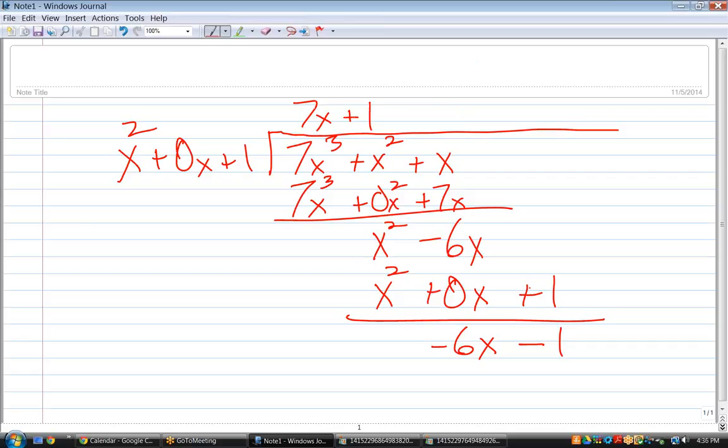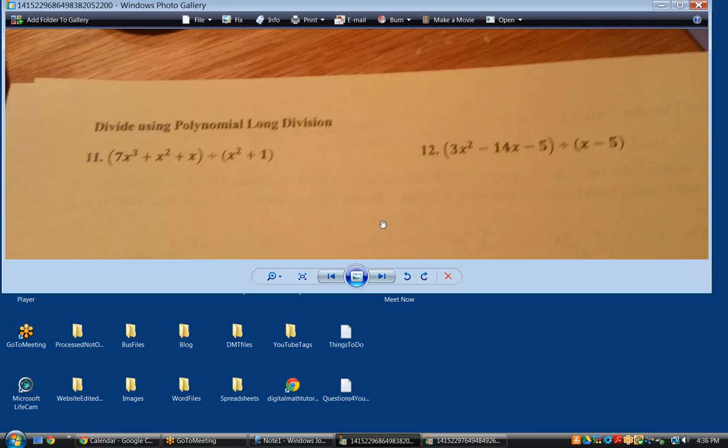Hold on a second. I don't like that for some reason. I can't imagine there is any other way to do this problem other than this. We could have factored out an x first. Would that have helped? Oh no. Divide using polynomial long division.